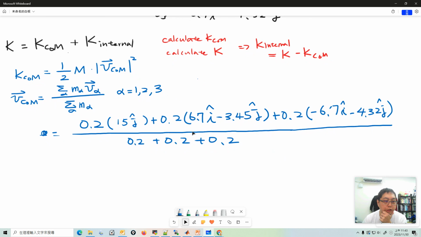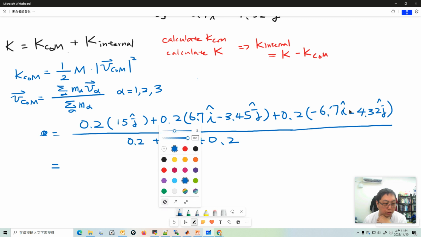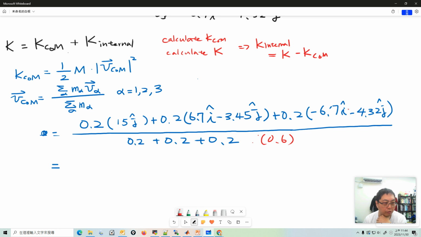It's a vector calculation, so we use the component language. Since it's a two-dimensional problem, the result will have two components, and we separate the calculation in each dimension. The total mass is 0.6, so we divide by 0.6.